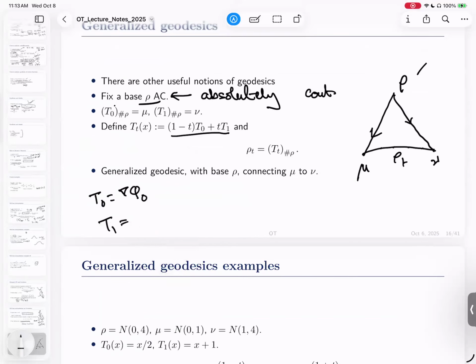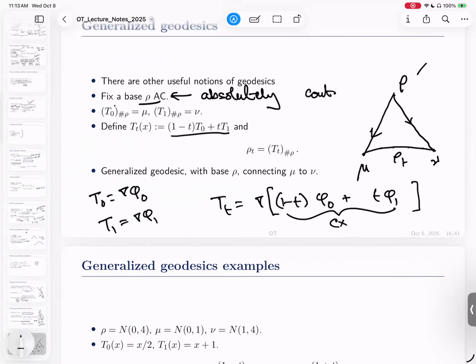T1 is optimal, is a gradient of some convex function phi1. And therefore, T of t is the gradient of the convex combination of these two convex functions. So it's (1 minus t) phi0 plus t times phi1. And this is convex. And therefore, this transport is optimal.